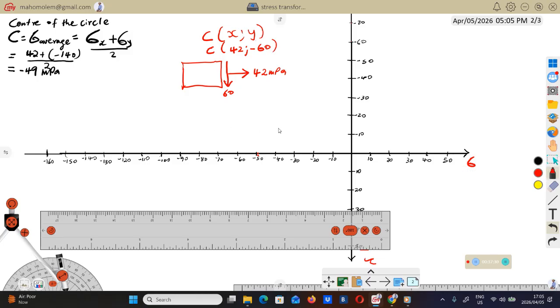Okay, as you can see on this side is negative. If the shear stress is negative, then you're going to plot it on this side. If the shear stress is positive, you will plot it underneath.